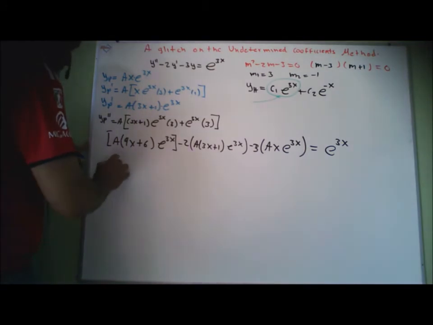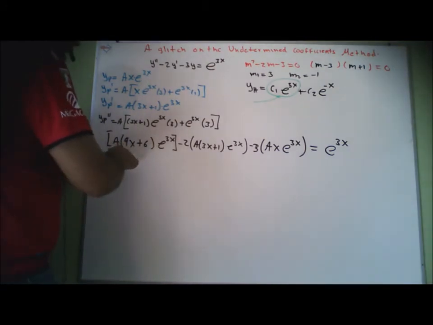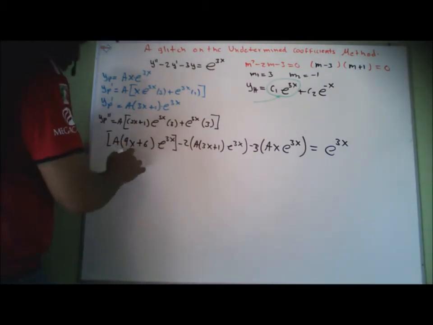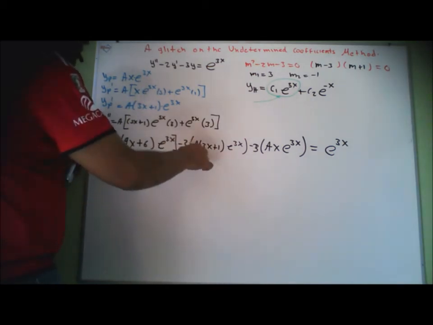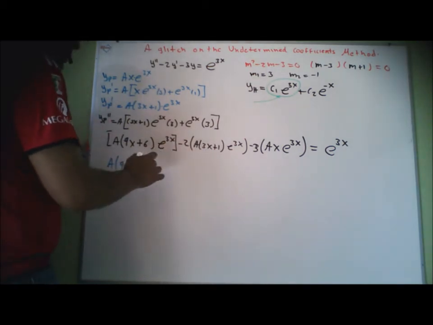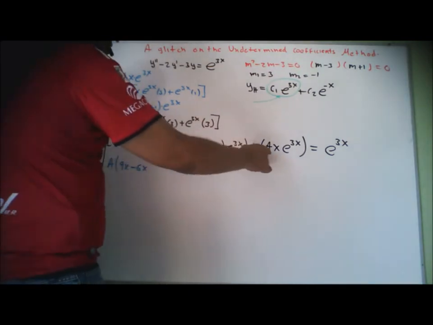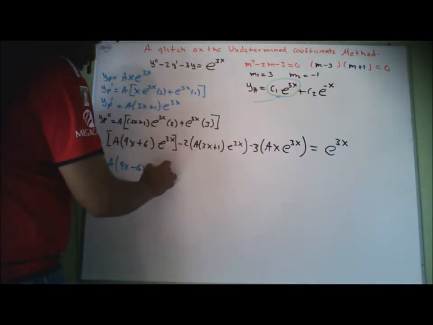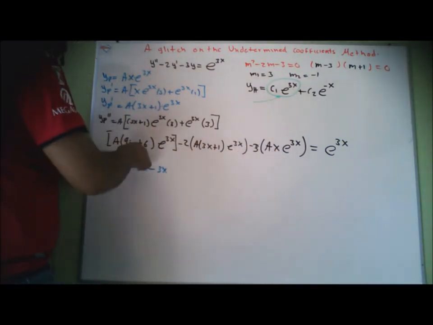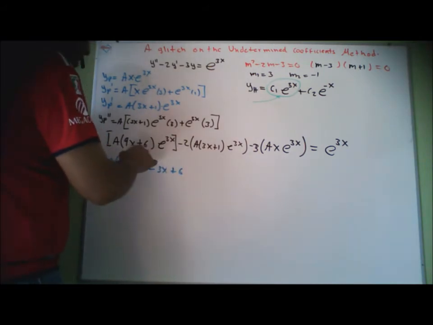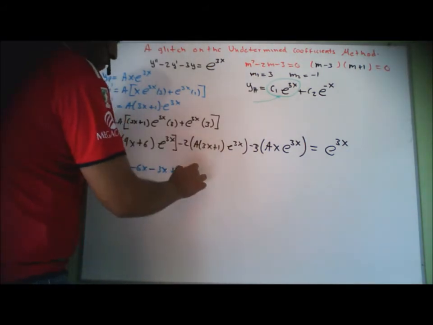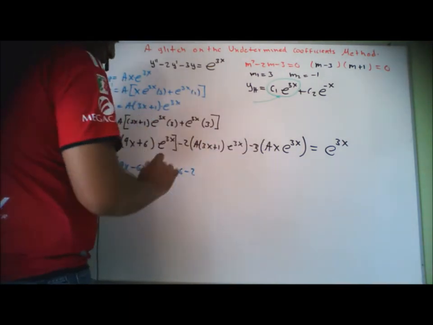So it's going to be a from the right, 9x here, and then minus 2 times 3, minus 6x, alright, and then minus 3x from there, and then plus 6 from here, and then minus 2 from here, and that's it.